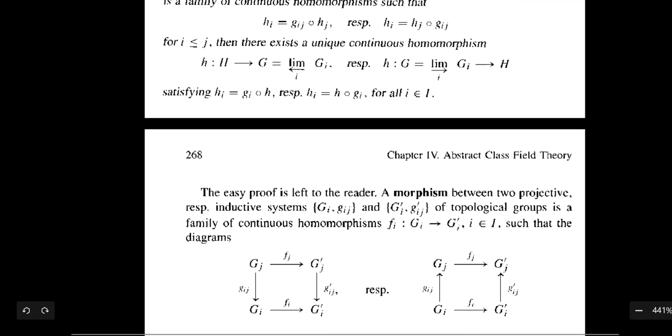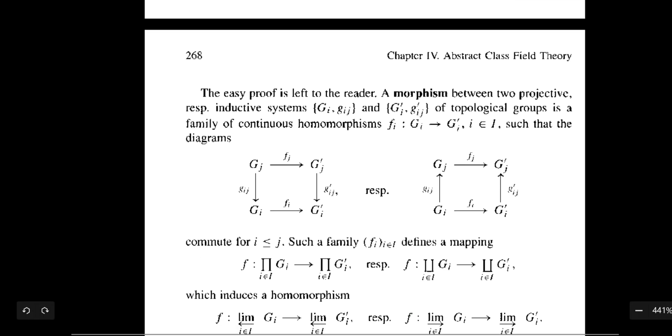This is a universal property for the projective and the inverse limit.